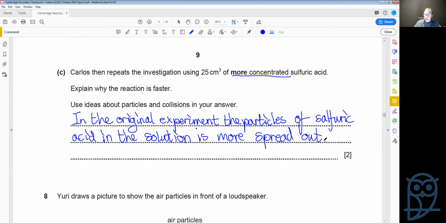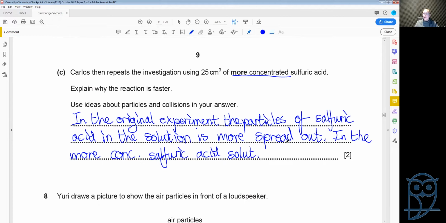Okay. And now we can say in the more concentrated sulfuric acid solution, the particles are closer together.